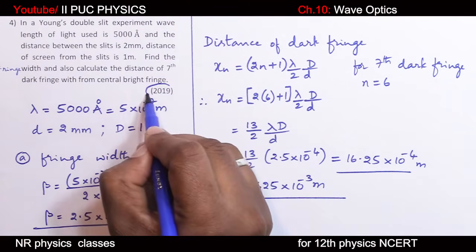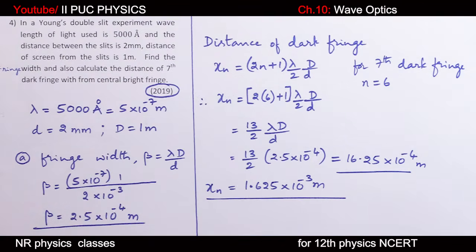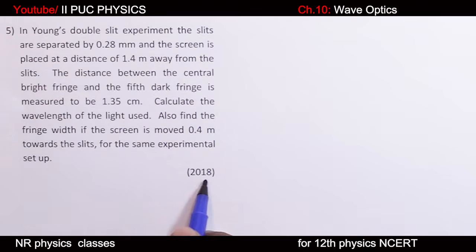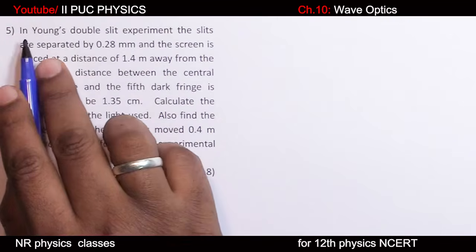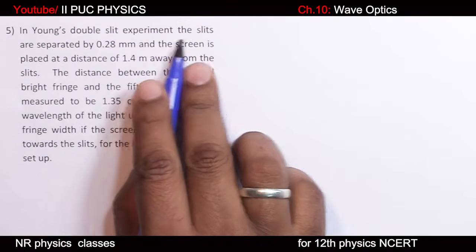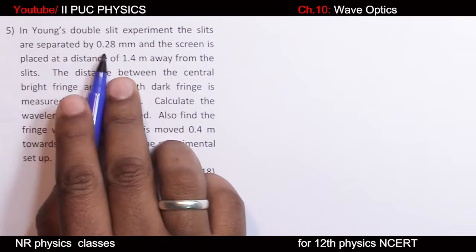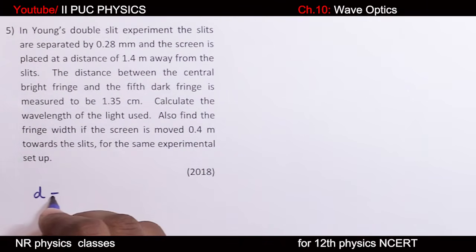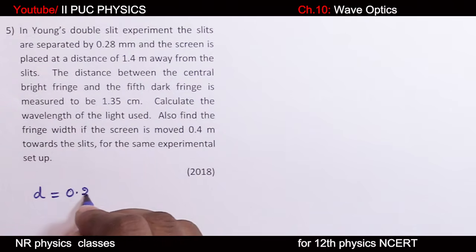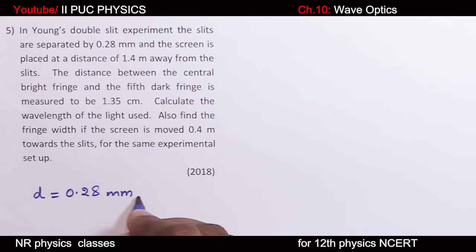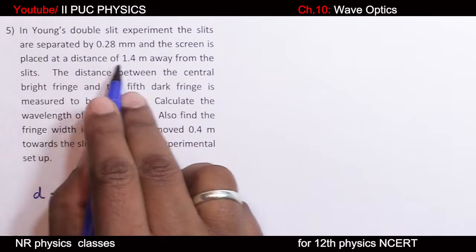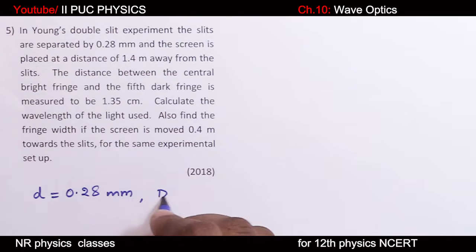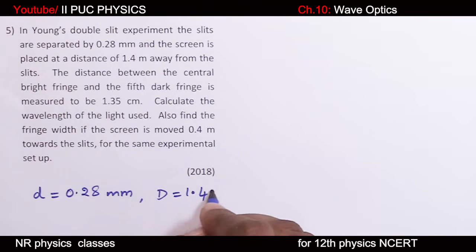This is the 2018 problem. In Young's double slit experiment, the slits are separated by 0.28 millimeter, that is, small d equal to 0.28 millimeter. The screen is placed at a distance of 1.4 meter, capital D equal to 1.4 meter.